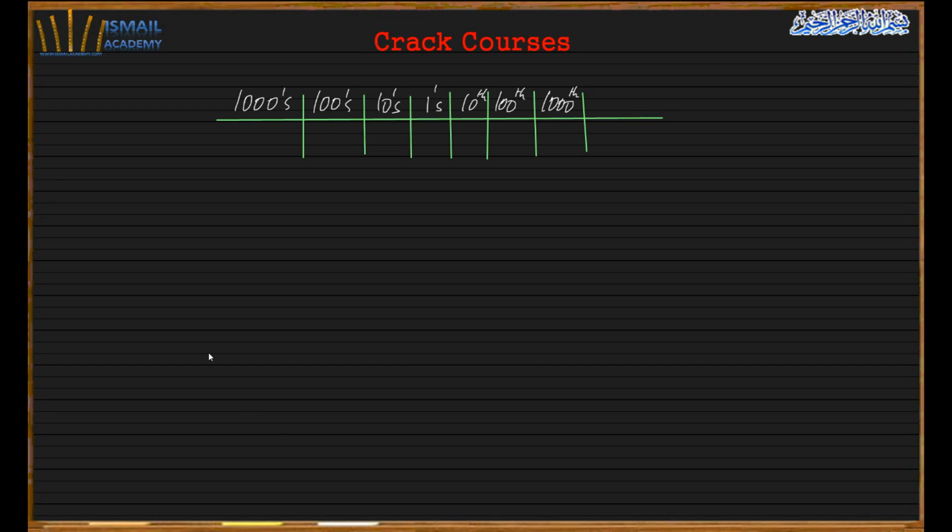Like I said, we can know the amount or value of any place value without any operation, just by moving the decimal dot.